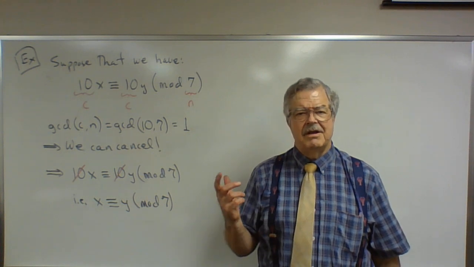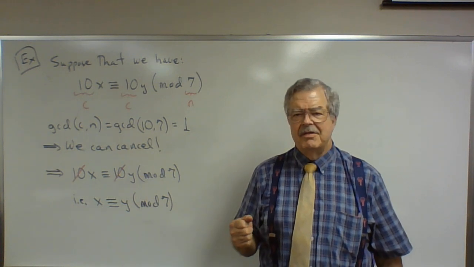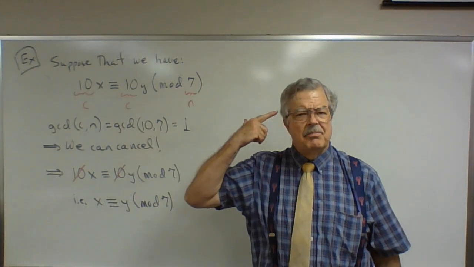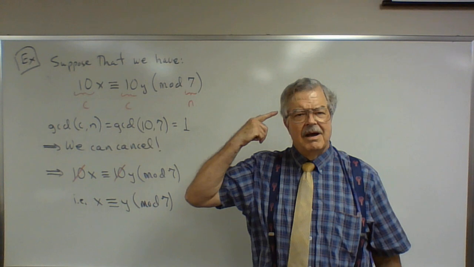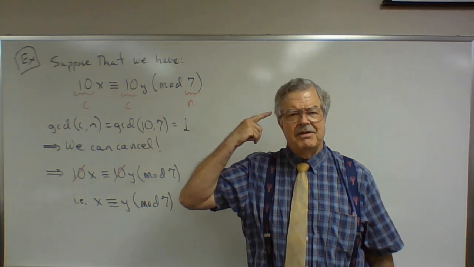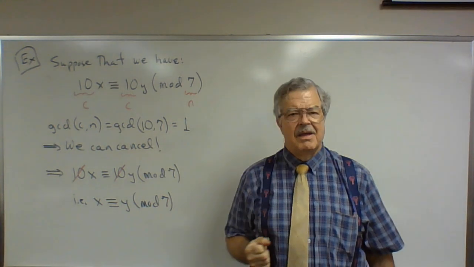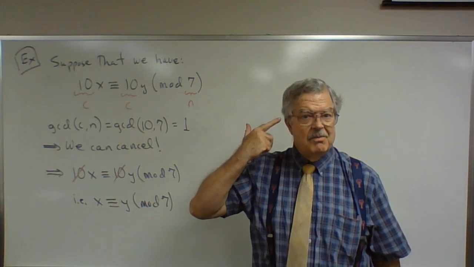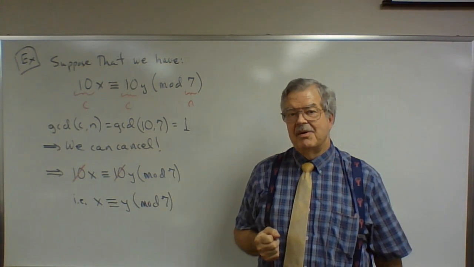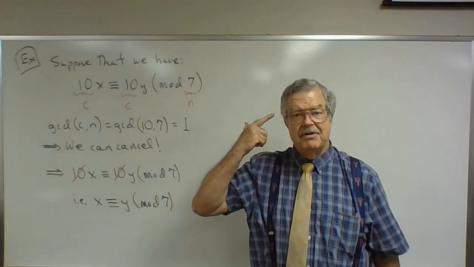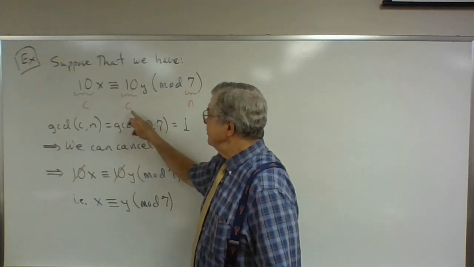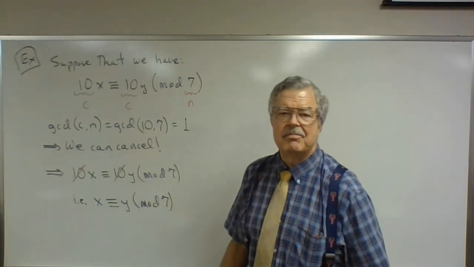Just like if you take a revolver that has 6 chambers in it and it only has 2 bullets, and we put it to our head, we're not going to shoot ourselves in the head every time we pull the trigger. But when we pull the trigger, we're never going to know whether we're going to shoot ourselves or not. Same thing if C and n are not relatively prime.